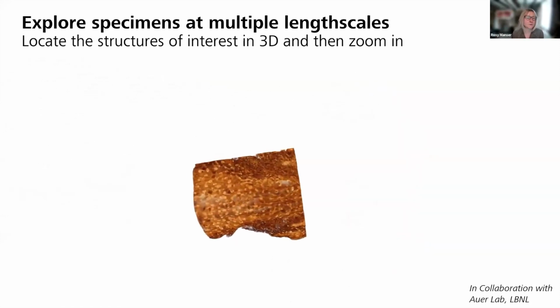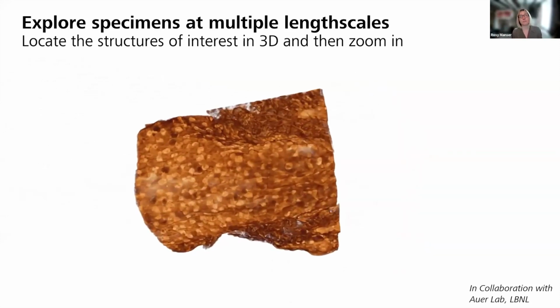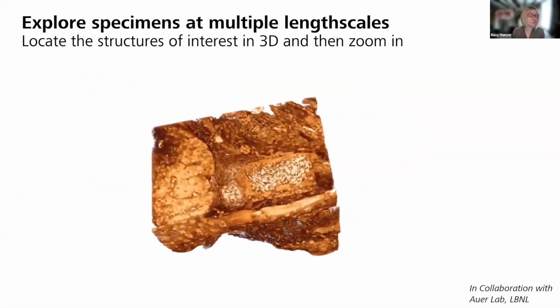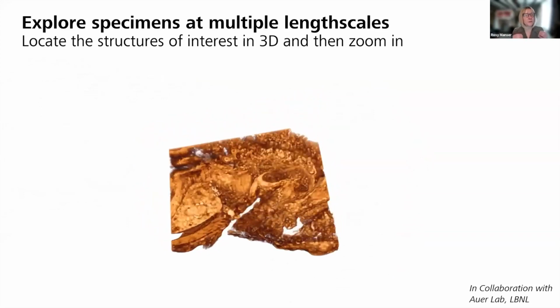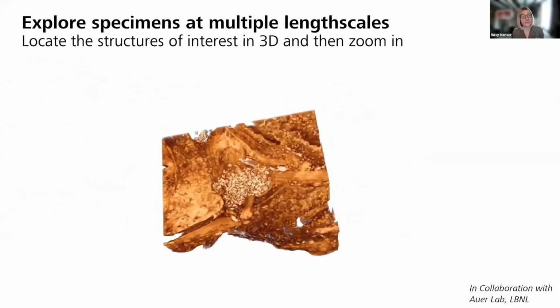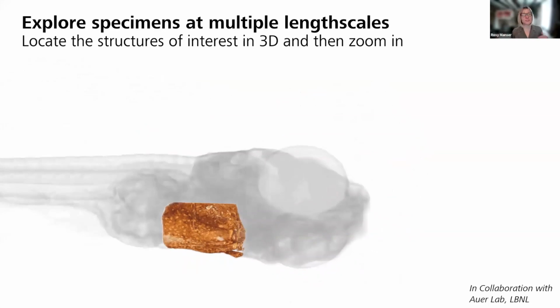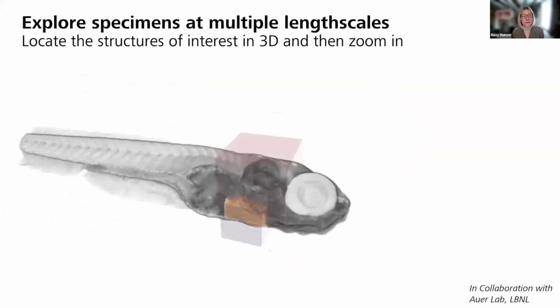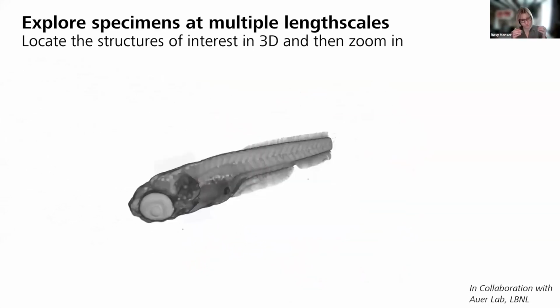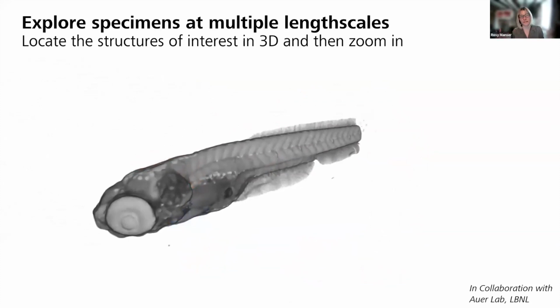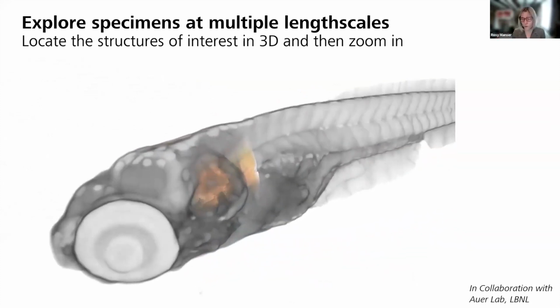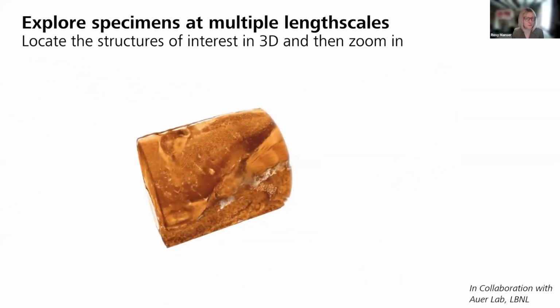In this case, it was the ear and the heart of the zebrafish that were particularly interesting for this researcher. By using this multi-scale workflow, you can get to cellular resolution, but within the context of the whole fish. So much of what we talk about with X-ray microscopy is that it's really high resolution, but in the context of the larger specimen, which is what brings so much power to some of these workflows.